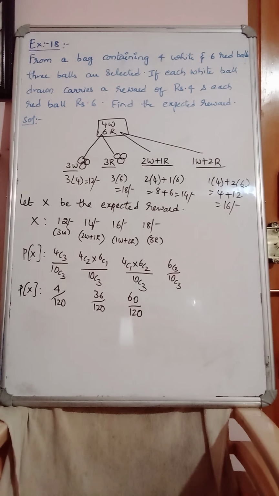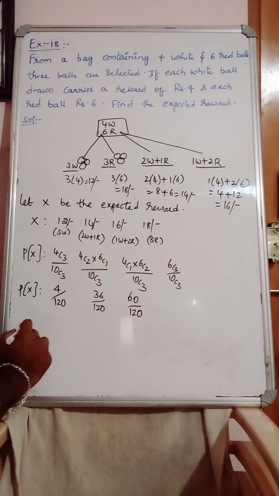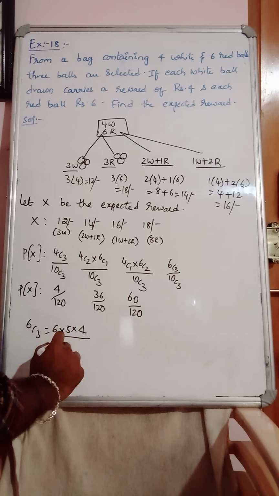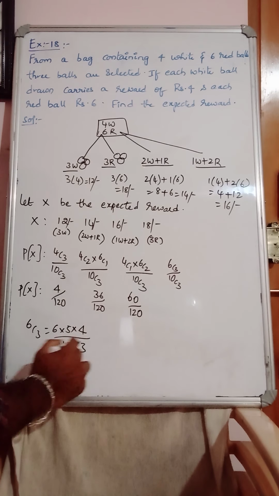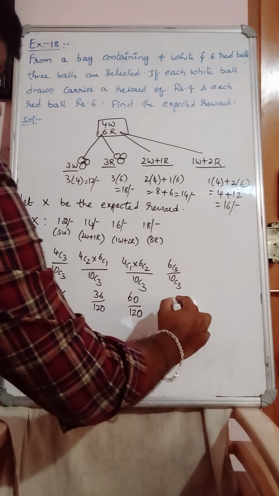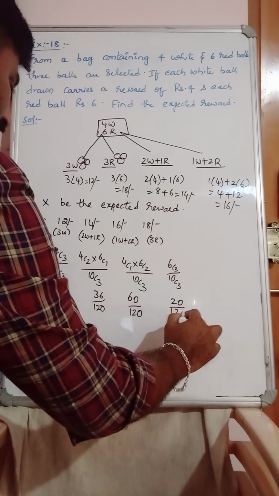You have a scientific calculator, you can observe these combinations. Next, 6C3: 6 into 5 into 4 by 1 into 2 into 3. 3 ones are 3, 3 twos are 6, 2 cancel, 5 fours are 20. Therefore 20 divided by 120.